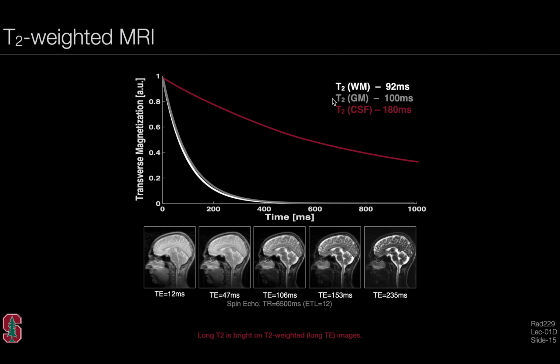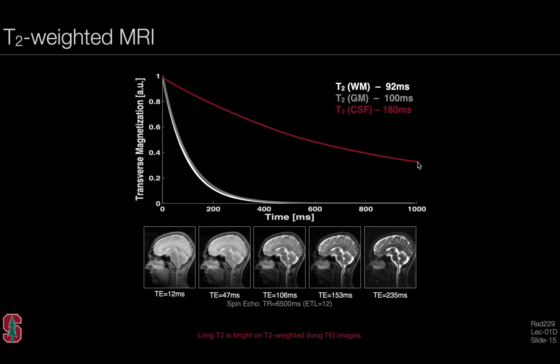And because the T2s of these tissues are quite different, the T2 of white matter and gray matter are relatively short or intermediate, at about 100 milliseconds, but T2 has a substantially longer value for cerebrospinal fluid. And so in this dramatic example, we can see that in fact we do generate some white matter, gray matter contrast as a function of longer echo times, more T2 weighting.